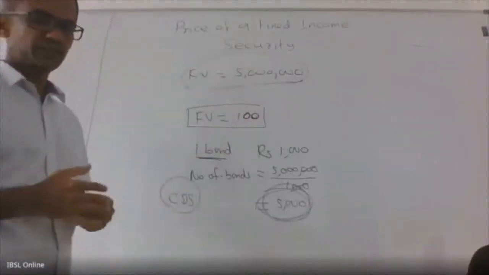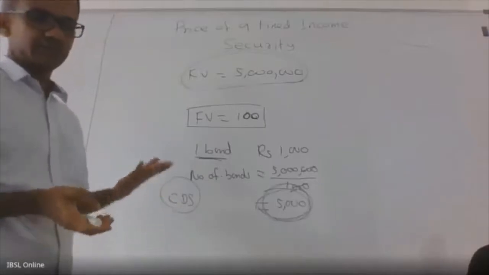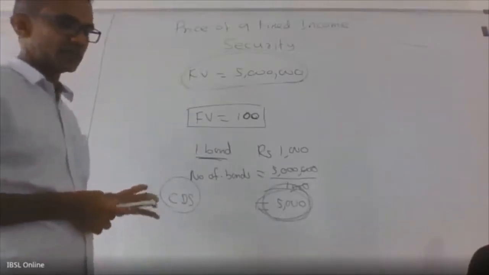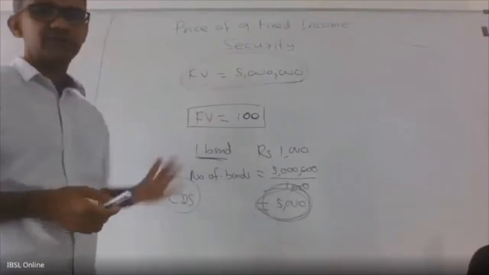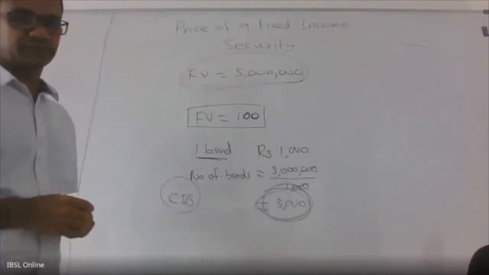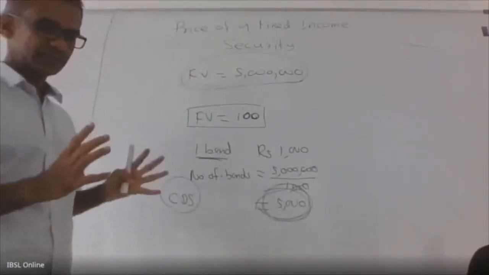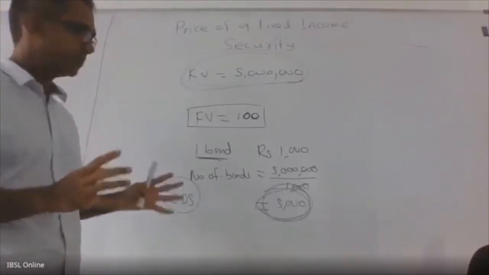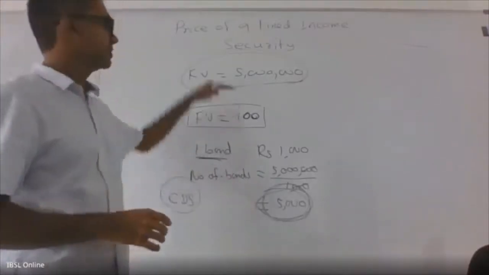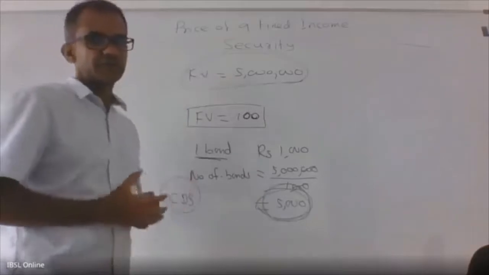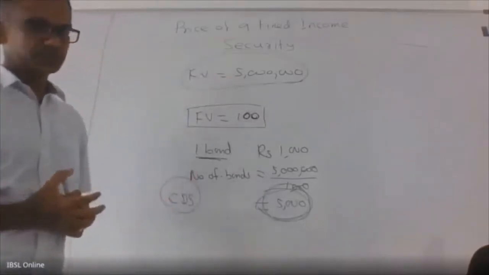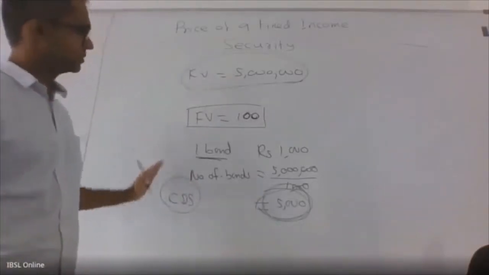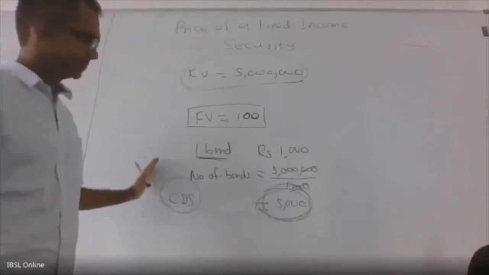Even in the market, if you want to do a trade, you will say, I want to buy 5 million of this security. Then it doesn't mean that you want to buy 5 million bonds, but the face value of those bonds. That is one thing that you have to remember.